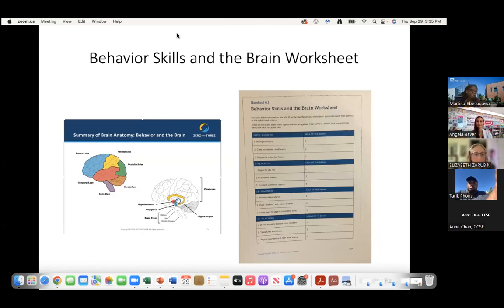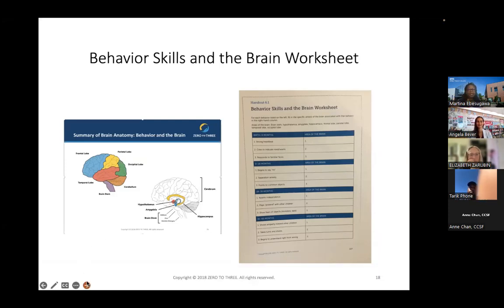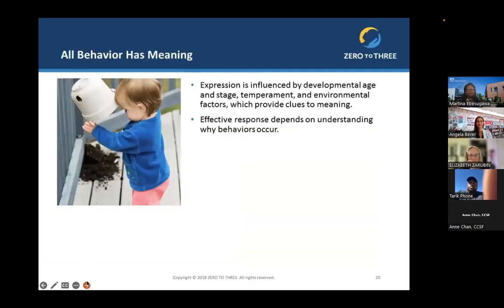And then they also have to see their friend's face and negotiate those emotions and know that, oh, this is a sad face, this is a caring face, and then be able to show empathy. So you can see how the brain really affects behavior in young children. Okay, let's keep going. So all behavior has meaning.